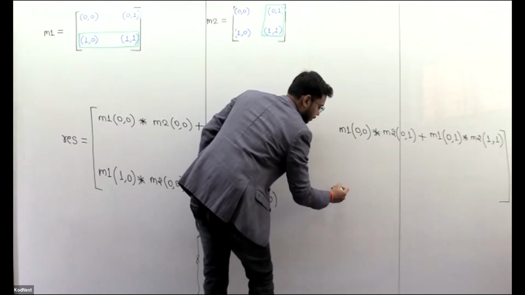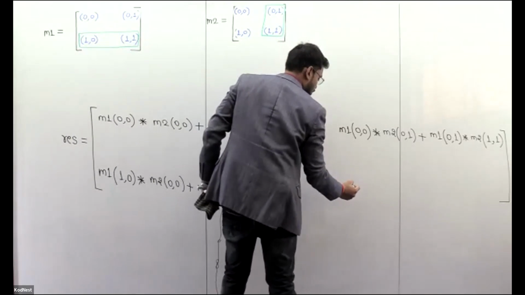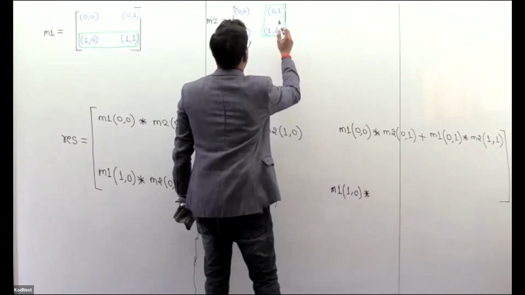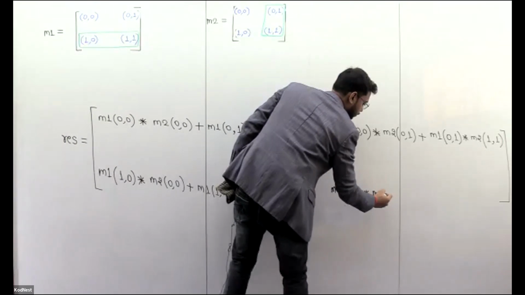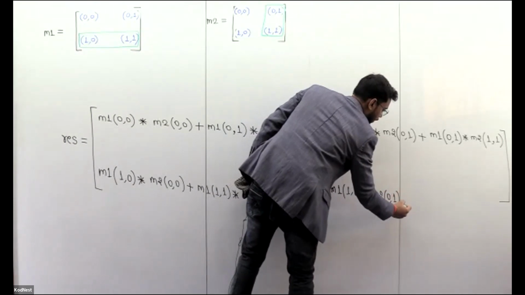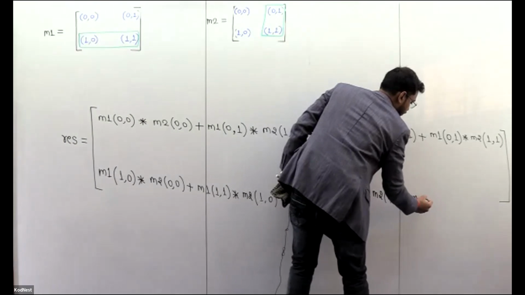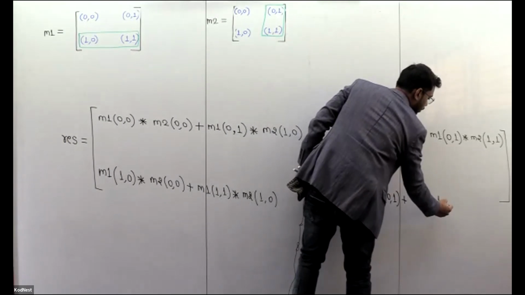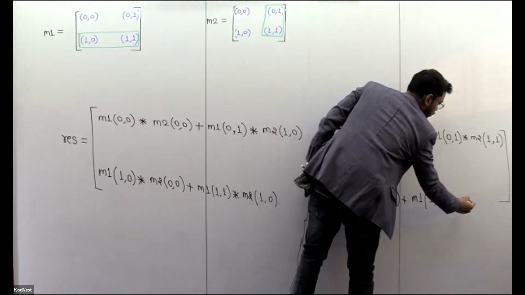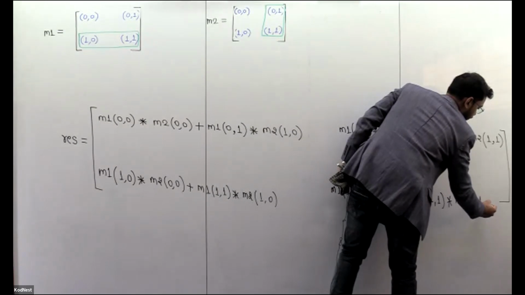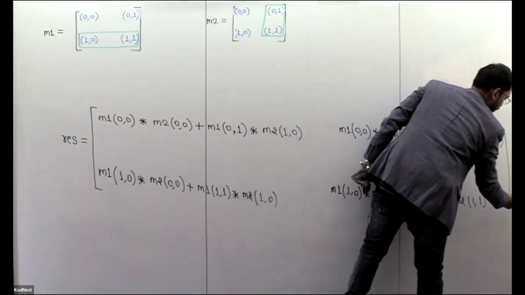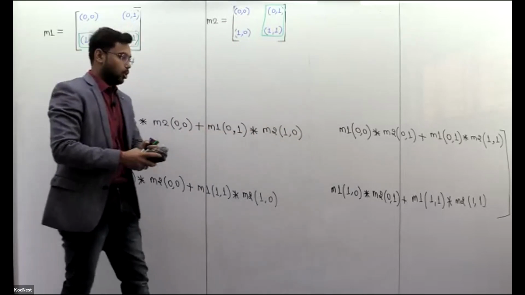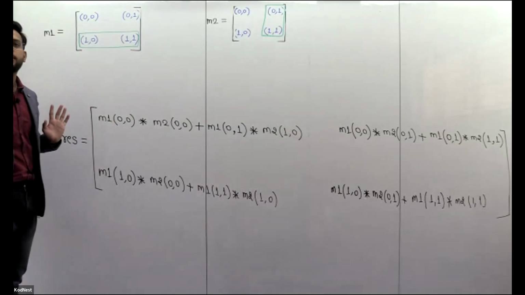Your M1 1,0 multiplied with M2 0,1 plus M1 1,1 multiplied with M2 1,1. This will be the formula for deriving the 1,1 element of your result matrix.